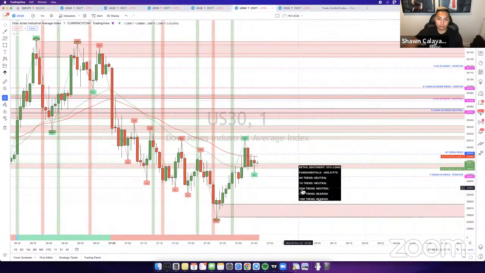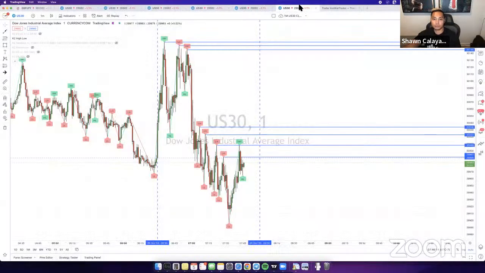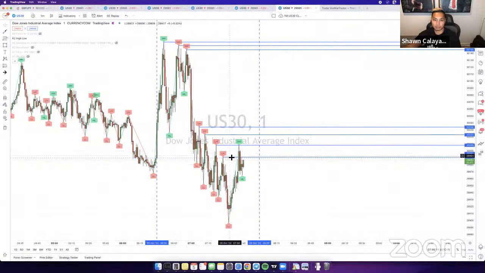All right, I don't see anything going on right here, guys. Price is just ranging around the opening price. Came up, hit some liquidity right here, but then it came right back down. Here goes your retest.